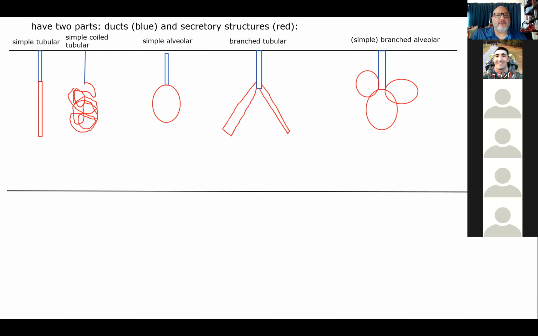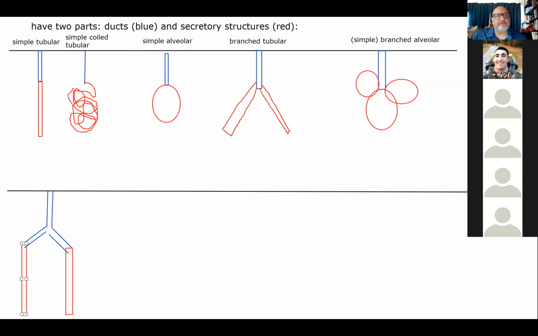You can have a gland that has two or more ducts connected to two long, narrow secretory structures.